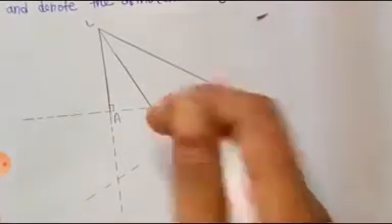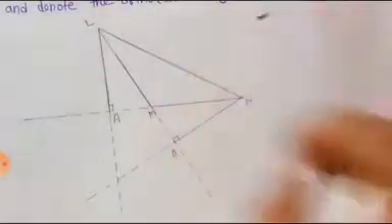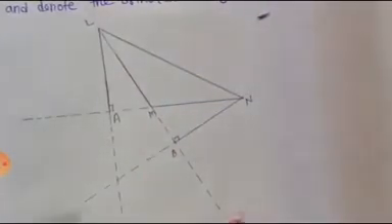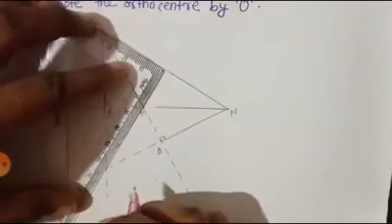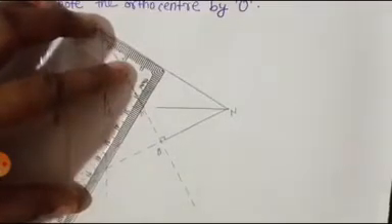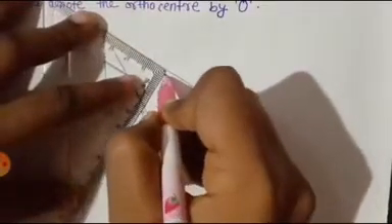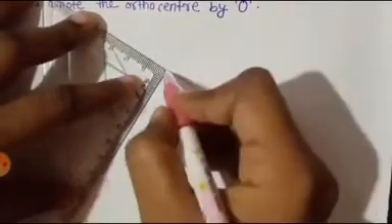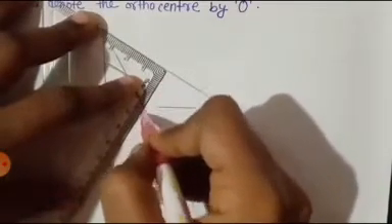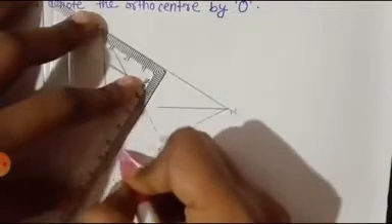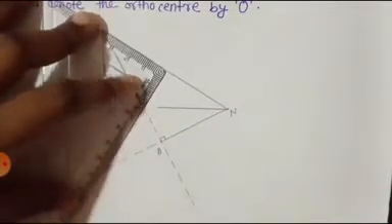Now set your set square on point M like this, on point M, and draw one line passing through M. So students, here the orthocenter we can get below the triangle, because this is an obtuse angle triangle.